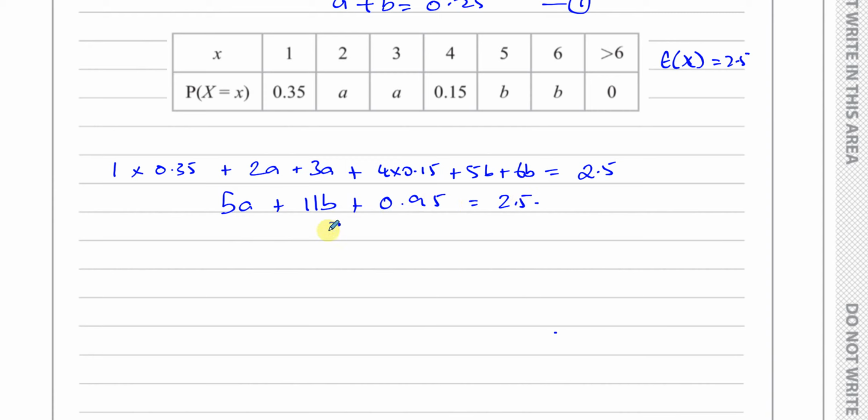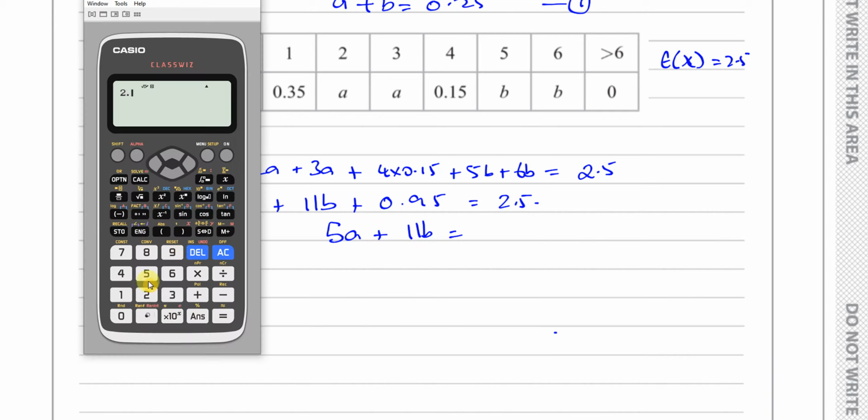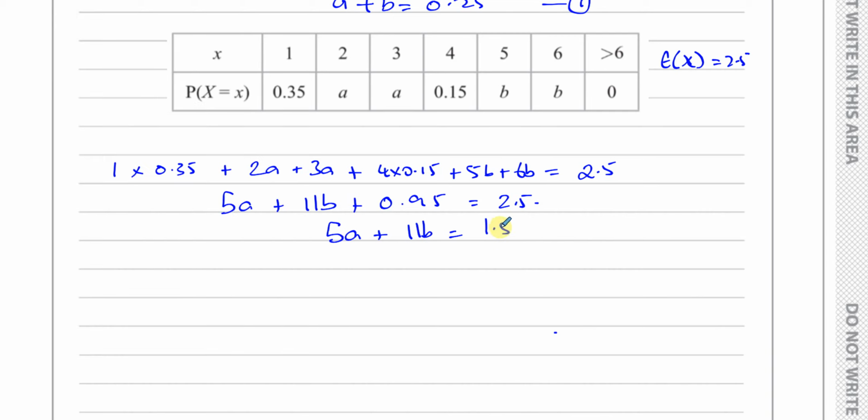So we can say 5a plus 11b is equal to 2.5 take away 0.95. That's 31 over 20, which is 1.55. So that's the second equation. The first equation was a plus b equals 0.25, and the second equation is 5a plus 11b equals 1.55.